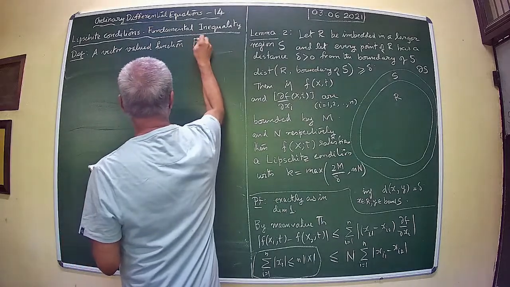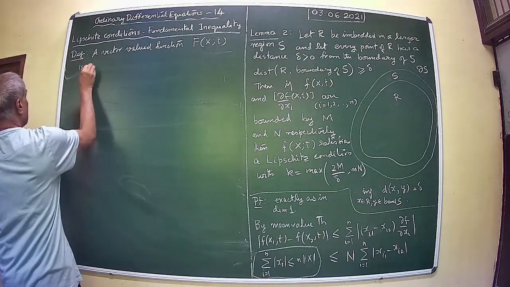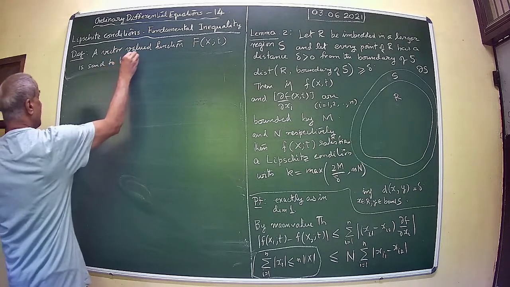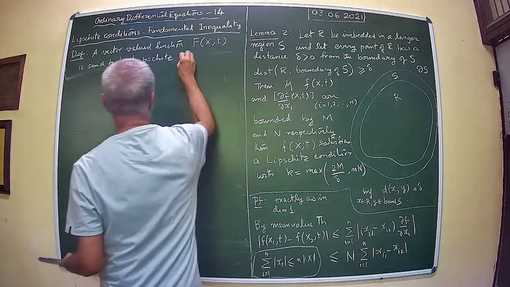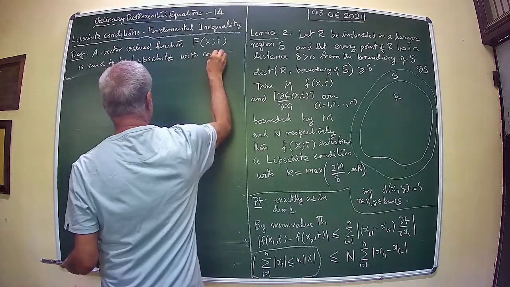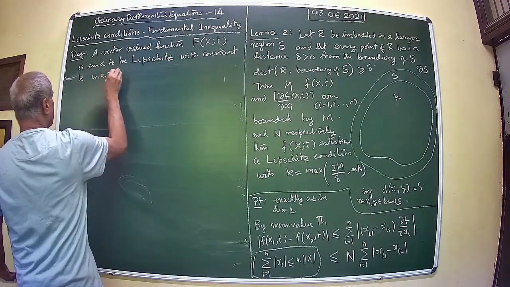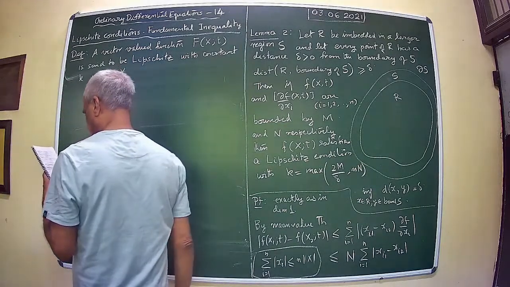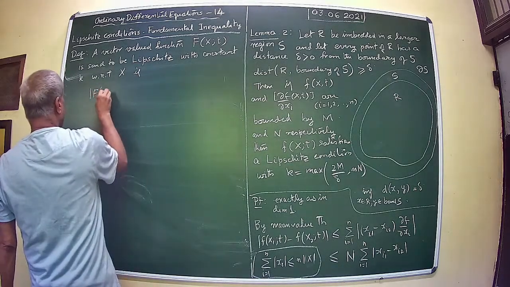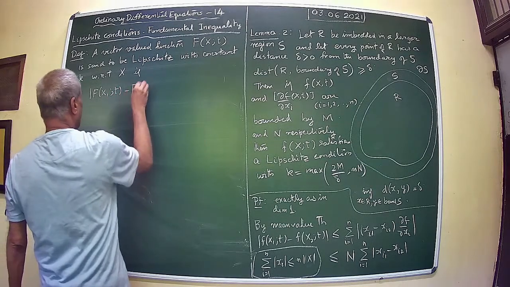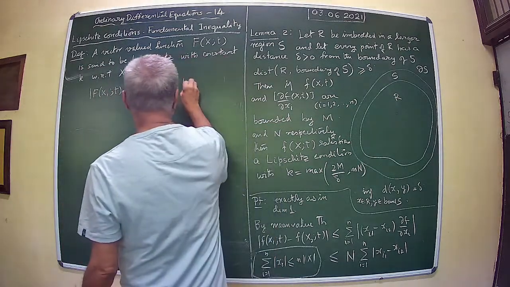A vector valued function f of x is said to be Lipschitz with constant k with respect to x if the norm of f of x1, t minus f of x2, t is less than or equal to k times the norm of x1 minus x2.